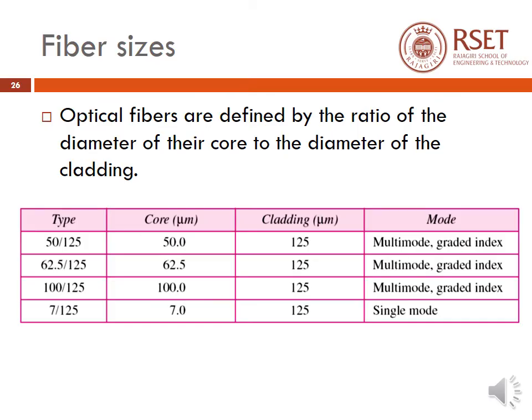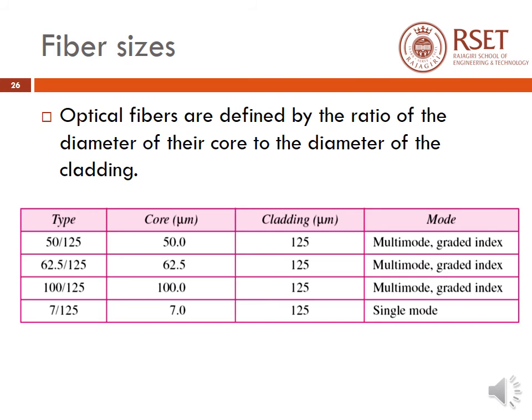Optical fibers are defined by the ratio of the diameter of the core to the diameter of the cladding. The following table shows some of the core and cladding diameter values and the corresponding modes that are defined. Here we can see the 50/125 type, where the core size is 50.0 micrometer and cladding size is 125 micrometer, and it is a multi-mode graded index fiber.